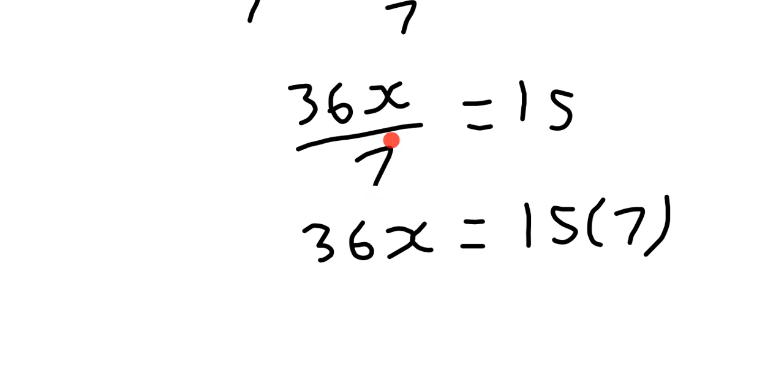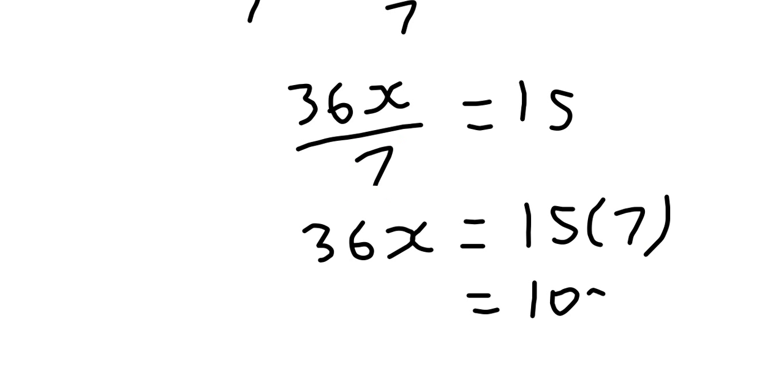So now I've got to go 15 times 7, which gives me 105 on the right. So on the right-hand side, I've got 105 to my 36x on the left.